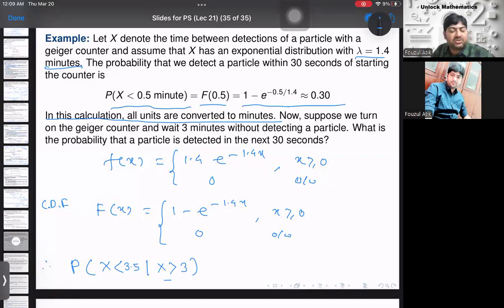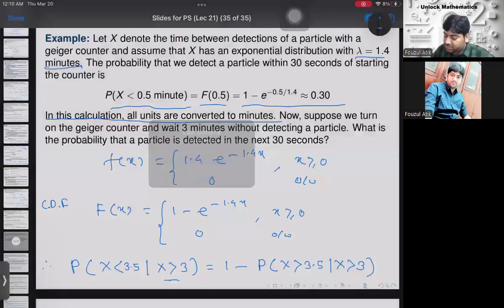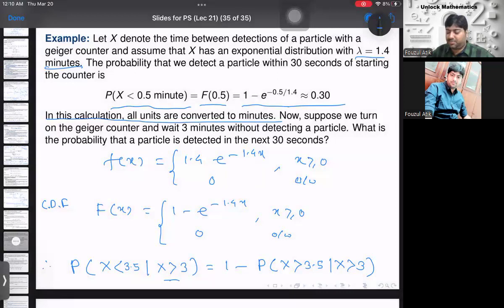Right. Now, by the properties of conditional probability, it is actually 1 minus P of X greater than 3.5 given that X greater than 3. The condition stays the same and then this is 1 minus this, because conditional probability satisfies all the properties of normal probability.